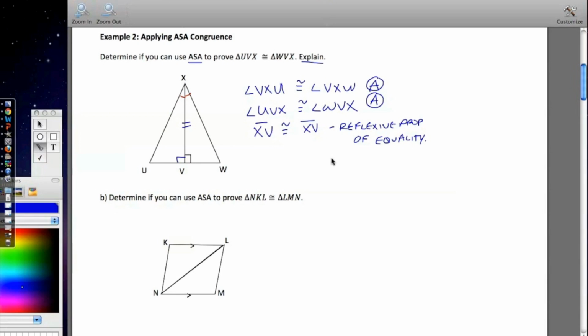Okay? And so what that means is I have an angle and a side, and they're in the relationship of angle, then side, then angle. So what I could say is that triangle UVX is congruent to triangle WVX by angle, side, angle. Okay? So that's how this works.